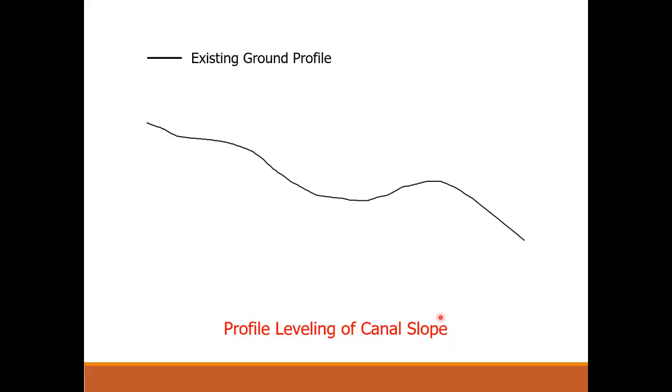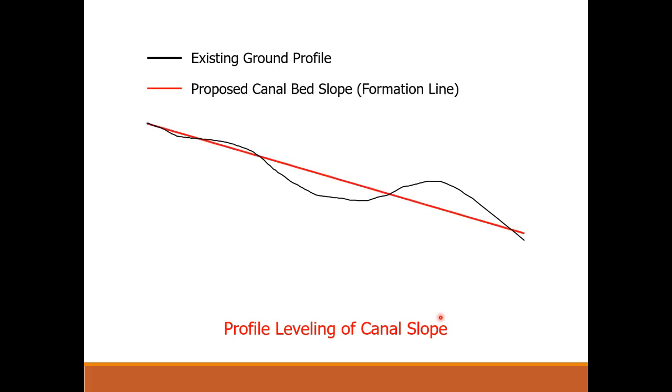We discussed in the previous lecture that the profile leveling, as an example of canal slope, there are 2 lines mentioned here. First one is the black solid line, which is indicating the existing ground profile, and the red line is indicating the proposed canal bed slope, which is actually a proposed line, formation line.